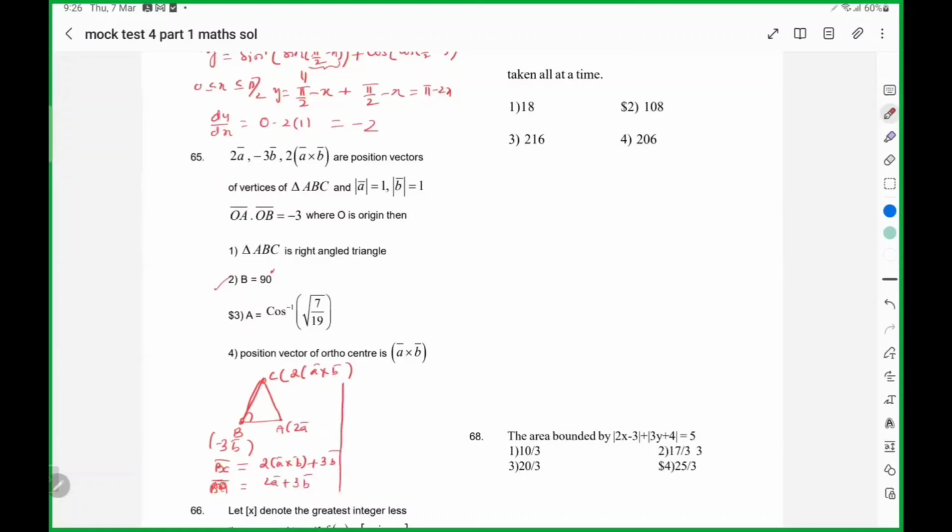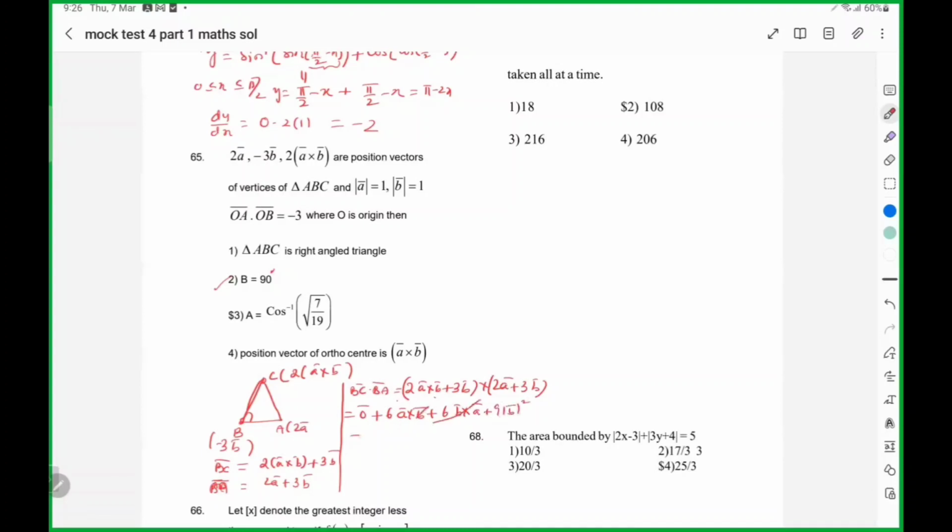In case BC dot BA is 0, then angle B will be 90. 2 times A cross B plus 3B cross 2A bar plus 3B bar. 2A bar cross A bar is 0. 6A cross B plus 6B cross A plus 9A.